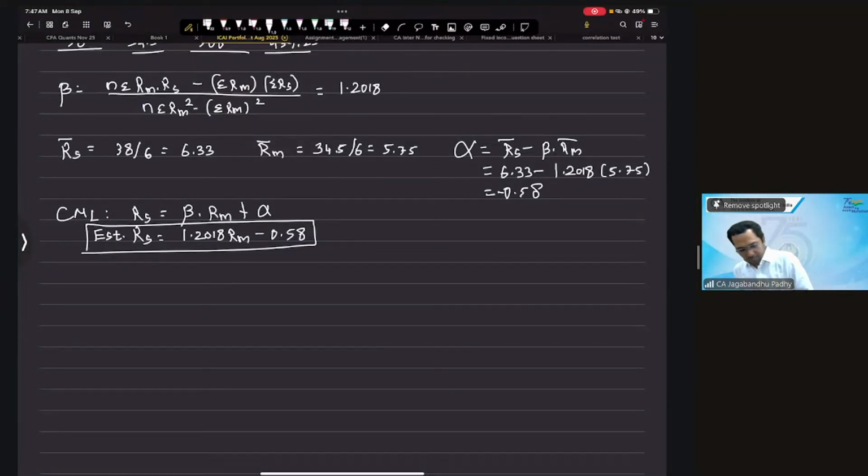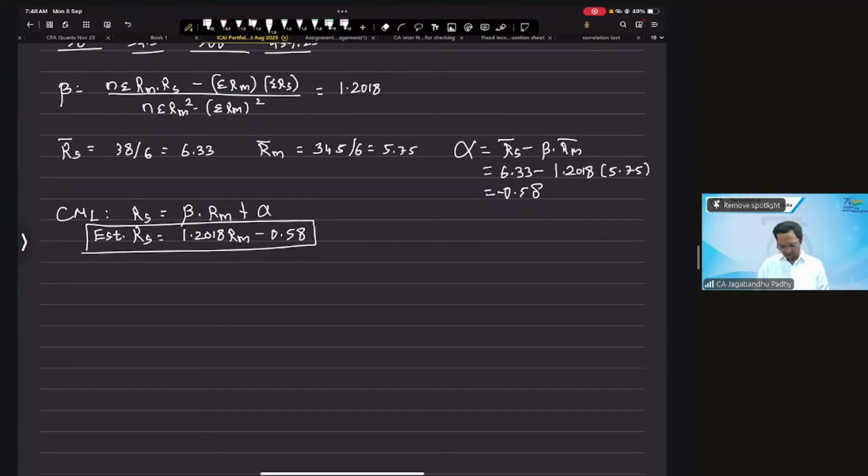Estimated return of security is going to be 1.2018 return of market minus 0.58. So 0.58, that's the alpha.